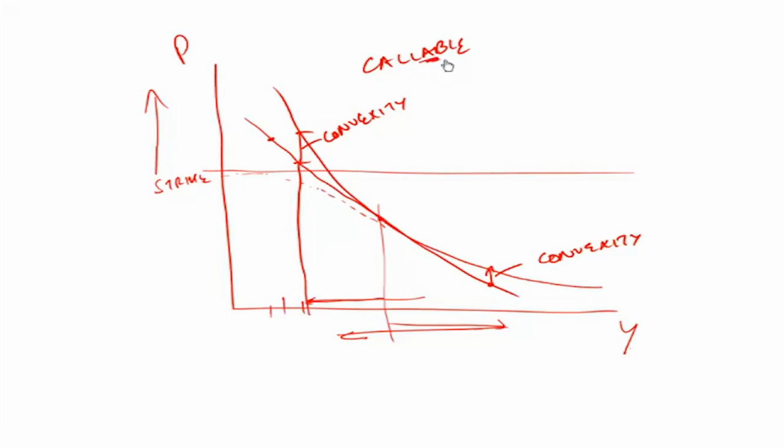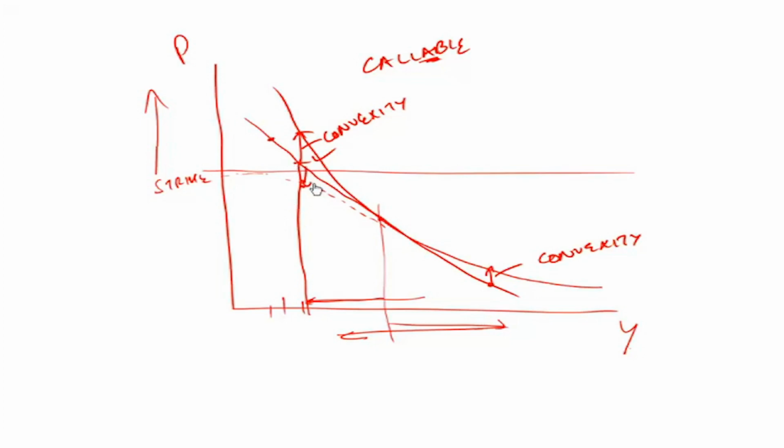In the case of callable bonds, however, convexity may at times need to be subtracted. So this was the duration estimate. The actual price of the bond is lower than the duration estimate. Generally speaking, for straight bonds, it's always higher. But for callable bonds, because borrowers exercise their call option or their prepayment option, price doesn't rise. That is, we get all our money back and we have to reinvest it at lower rates.